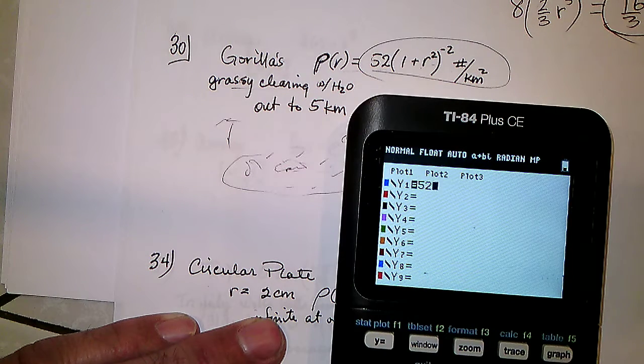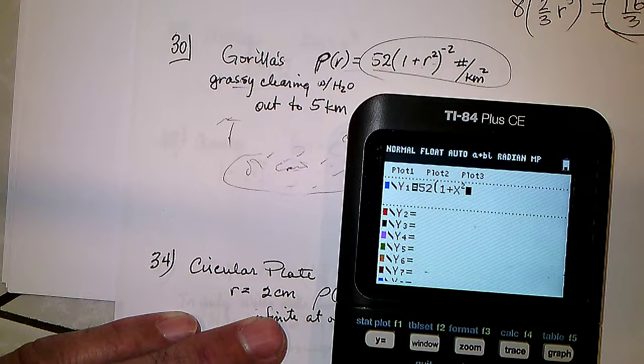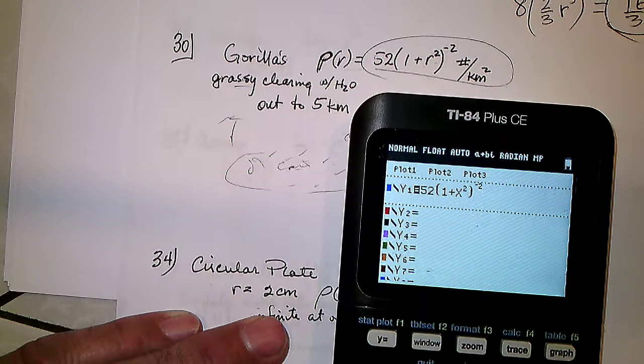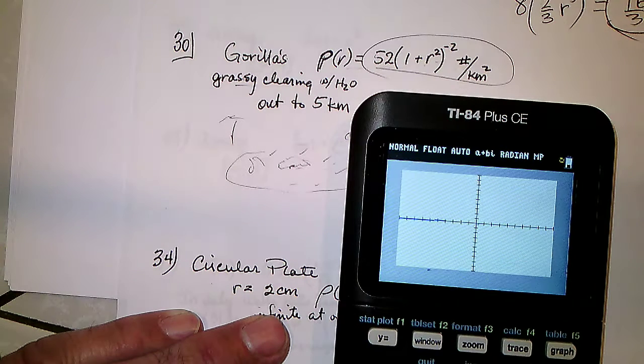52 times parenthesis 1 plus x squared, close parenthesis, to the -2. And let's go zoom 6.